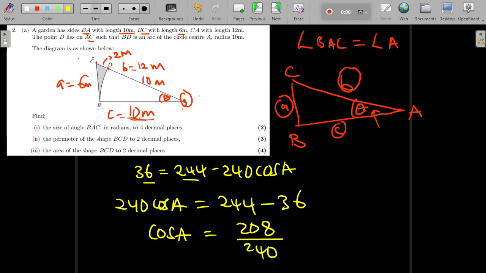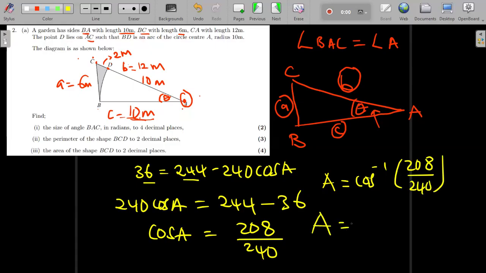We know that if we want to find the angle, we're just going to take the inverse, right? So angle A is equal to the cos inverse of 208 divided by 240. Then you just punch that value onto your calculator, and you should be able to get your angle.